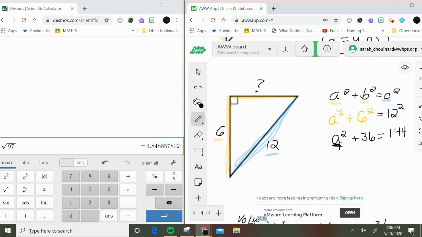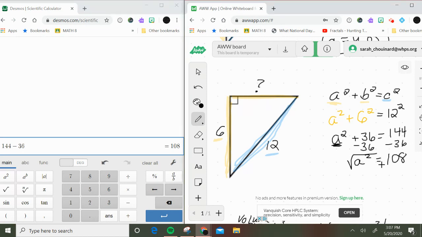So I need to solve for a. First, I need to subtract 36 from both sides, and this is why it's handy to have your calculator pulled up. 144 minus 36 is 108. So a squared is equal to 108, but that's not the missing side.